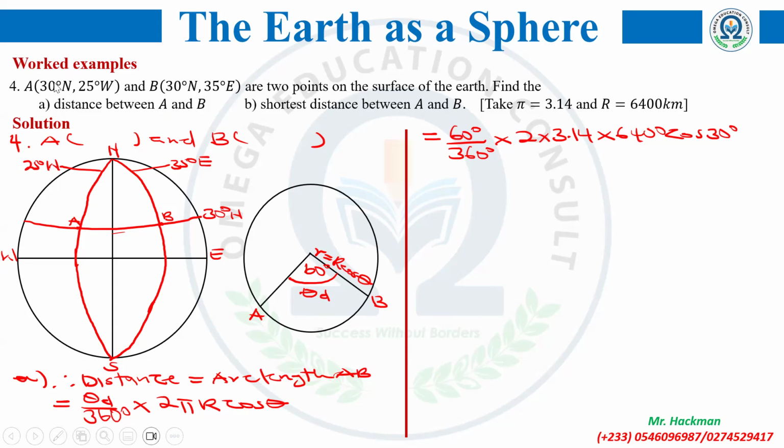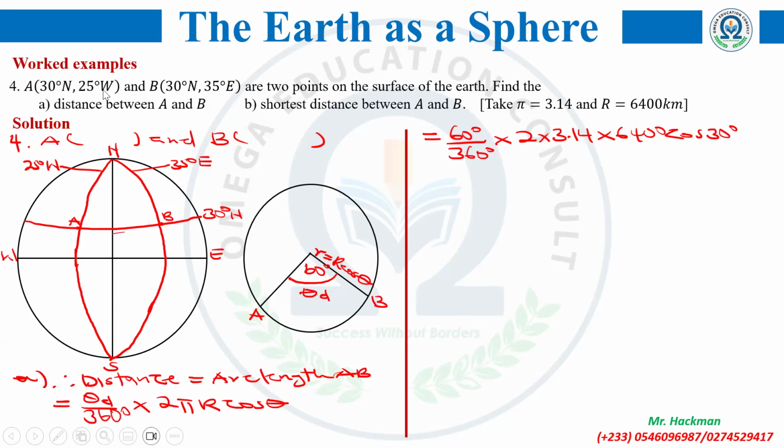Here they have a common latitude, so we use the longitude to determine that. We use its direction. It's either we add or subtract, depending on the directions. If they are in the same direction, we subtract. If they are in the opposite direction, we add.